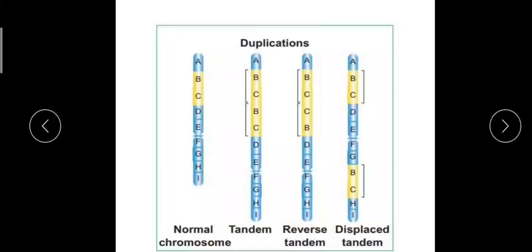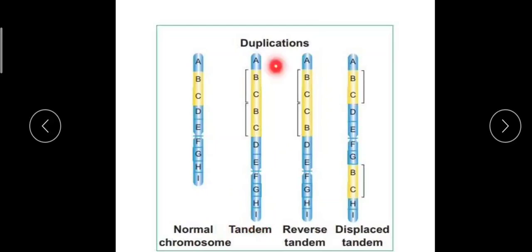There are actually three different types of duplication, which are tandem duplication, reverse tandem duplication, and displaced tandem duplication. Here in this figure, this is the normal chromosome showing the genes A, B, C, D up to I. And this is how it occurs after tandem duplication.